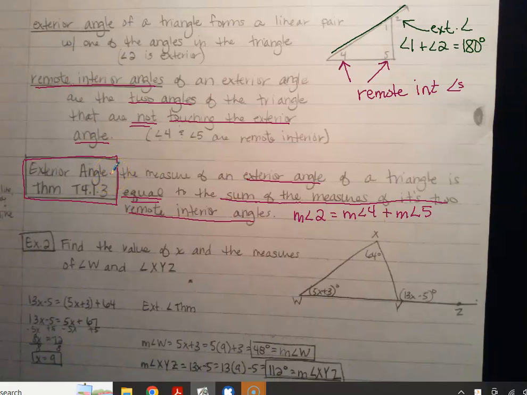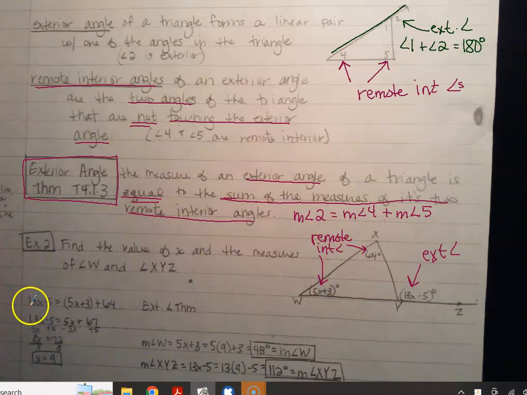So if we do that, where is our exterior angle here? Awesome, it's this one, XYZ. This is our exterior angle. Okay, so we know the exterior angle is equal to the sum of the remote interior angles. Well, what are the remote interior angles? Good, 64. So a remote interior angle is 64, and this 5x plus 3.